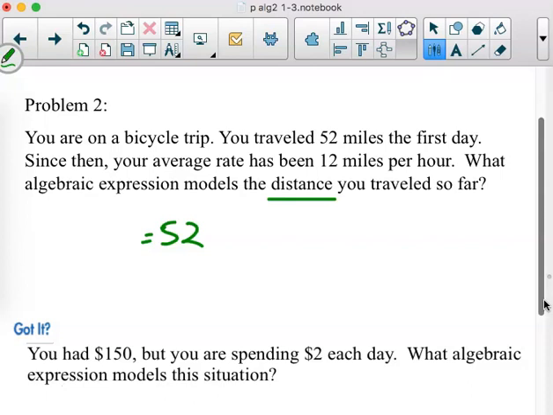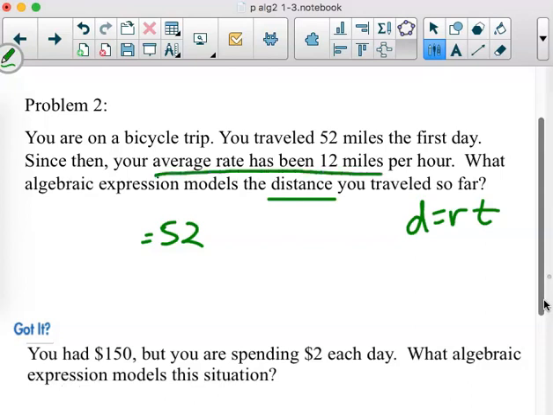Oh, they're talking about distance and rate? Wait a second. I think there's a little formula we've used for that before. Distance equals rate times time. So if I want to have the answer about distance, I'm going to have to think about rate times time.